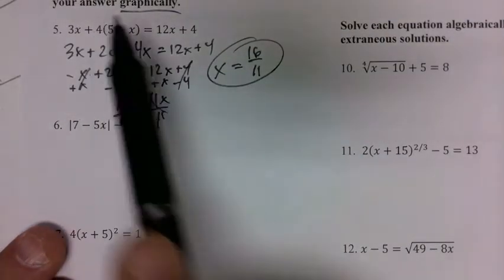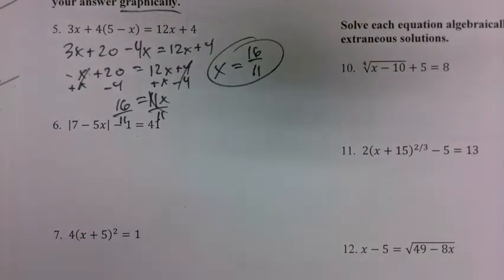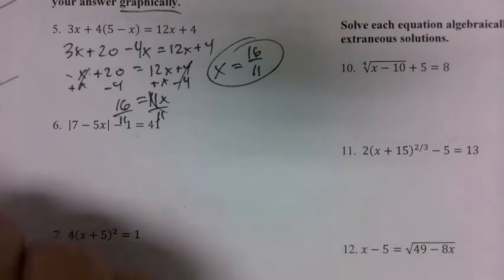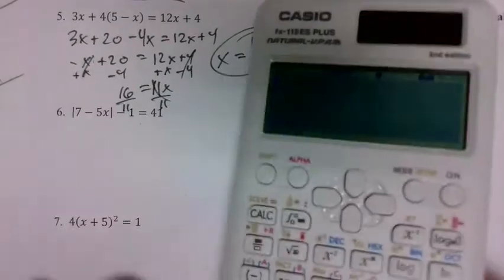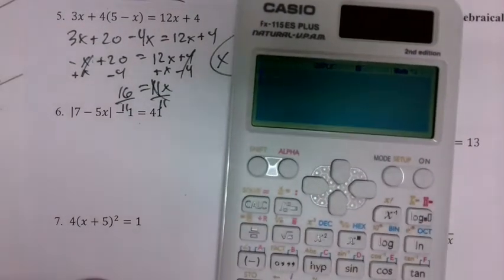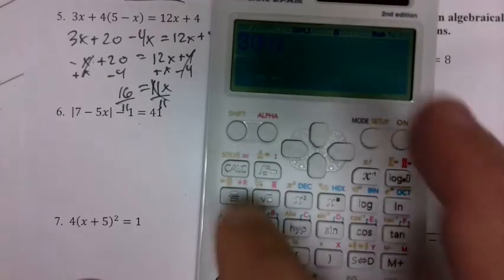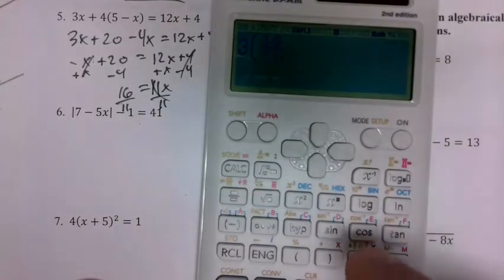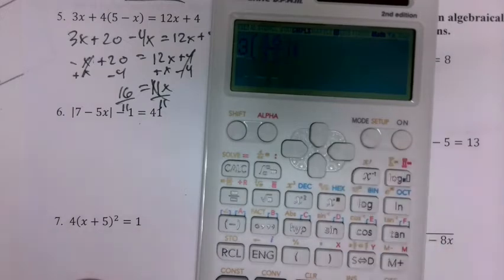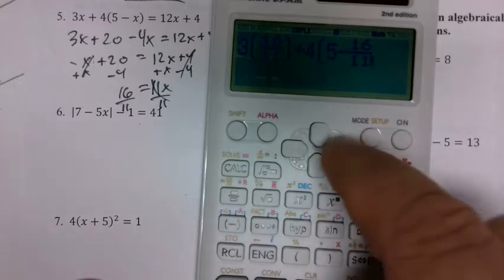And I could check that by substituting it back in. I don't like that. I'm going to check it. 3 times 16 elevenths plus 4 times 5 minus 16 elevenths.